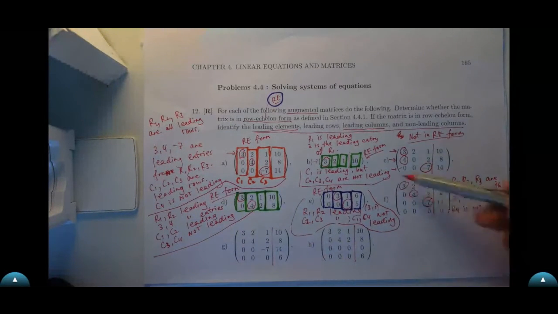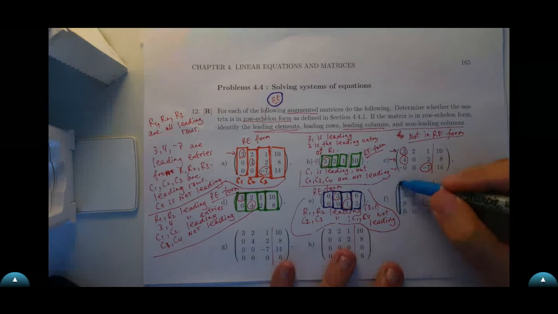All right, now let's look at the columns. Who can tell me on the chart which of these columns are leading? Advaita, columns 1, 2, and 3. Thank you.